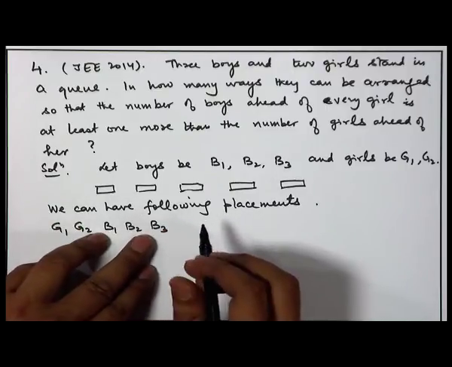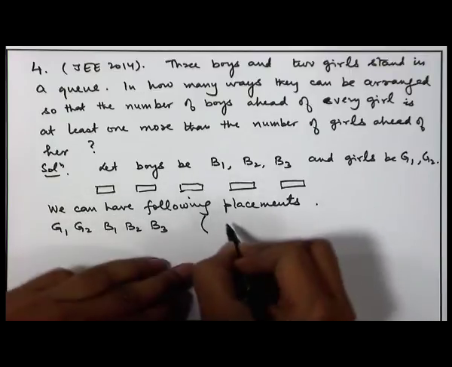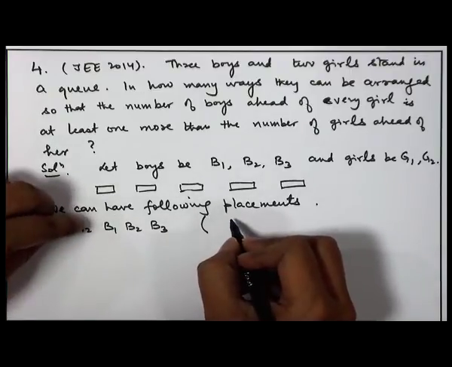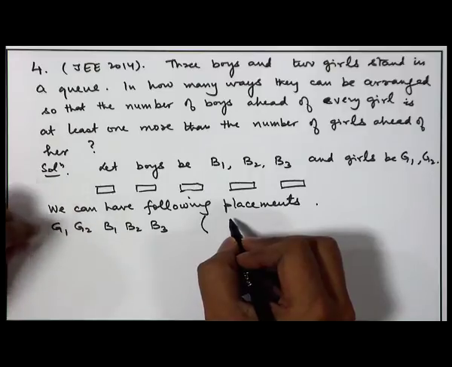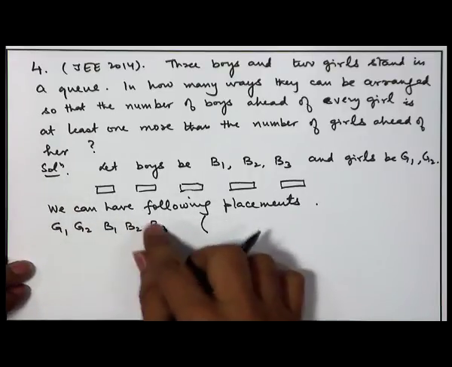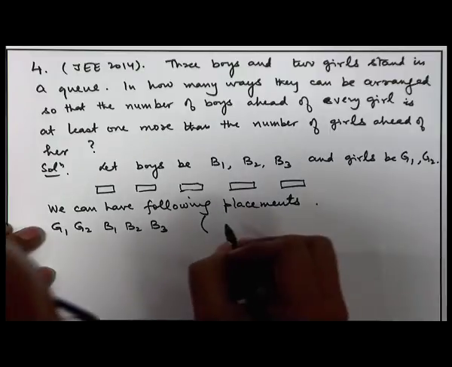So, basically we put 2 girls first and then 3 boys. How many such arrangements are there? These 2 girls can be permuted in 2 factorial ways and these 3 boys can be permuted in 3 factorial ways.